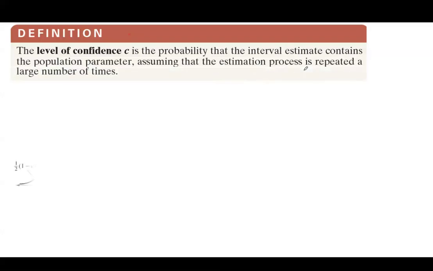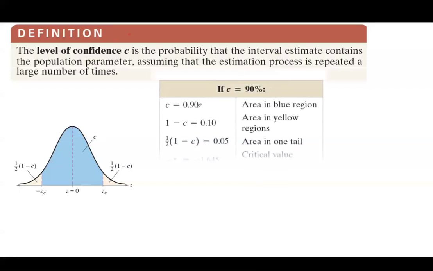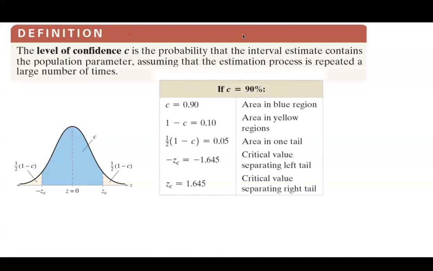Okay, how do we find the level of confidence? When we are talking about level of confidence, the level of confidence is basically this shaded area. 100% of the area minus the shaded area gives you the yellow area. In general, if c is equal to 90%, your c is 90% of the area, which is this blue region.